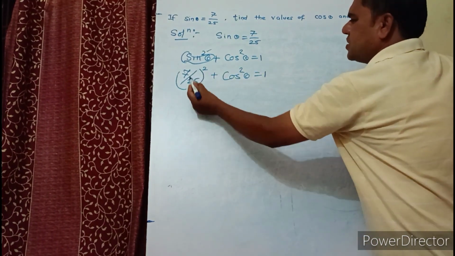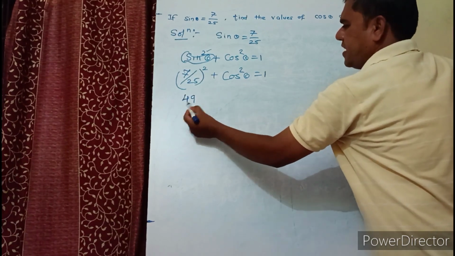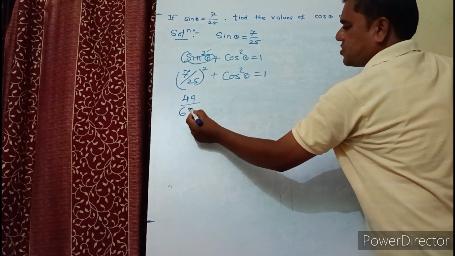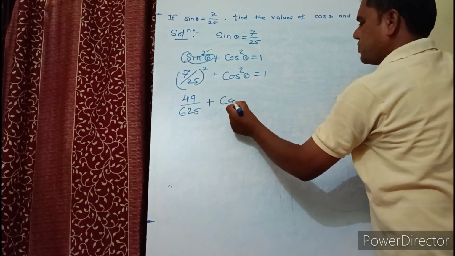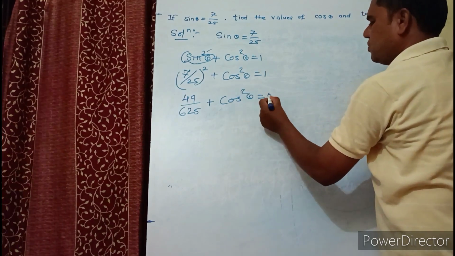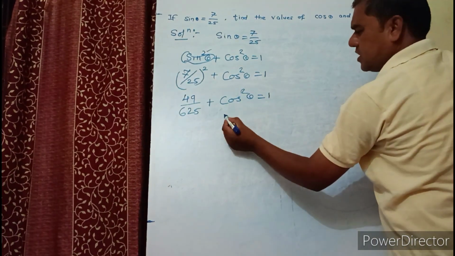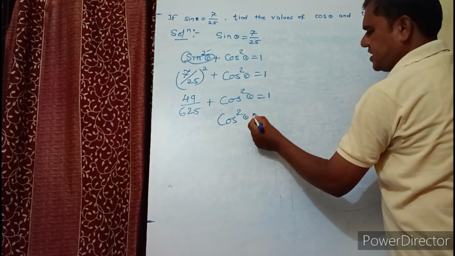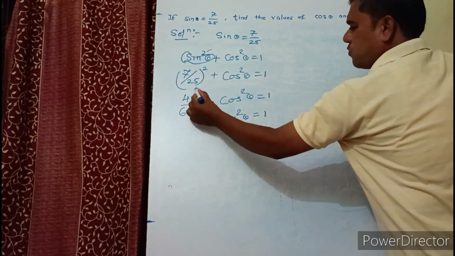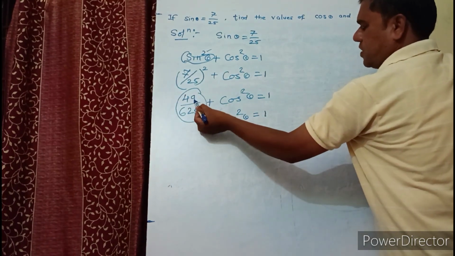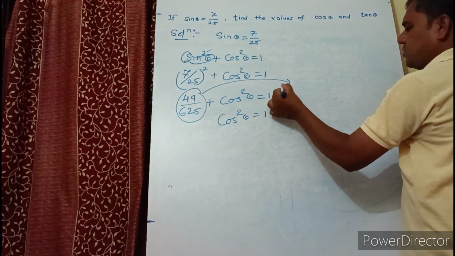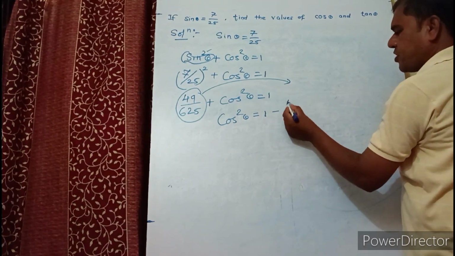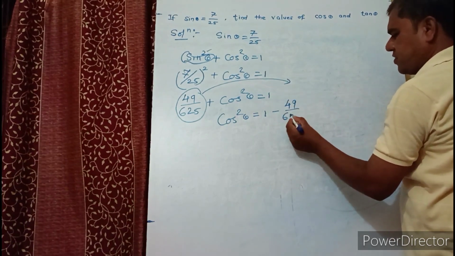Now on squaring, the square of 7 is 49, and the square of 25 is 625, plus cos square of theta is equal to 1. Now we have to find cos square of theta. This 49 by 625 we shift to the right hand side, so it will be 1 minus 49 divided by 625.